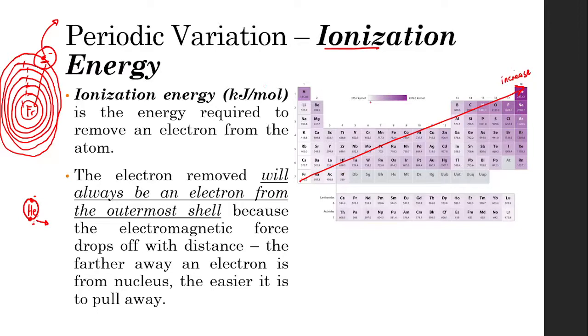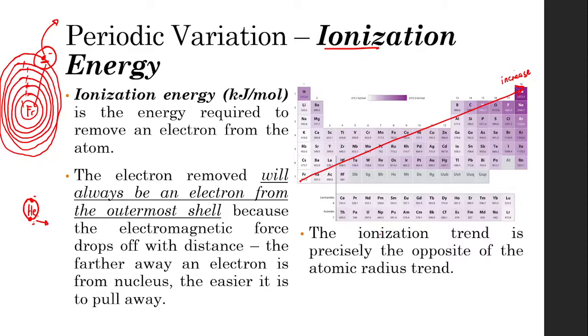So the trend of the ionization energy is going towards this way. And like the one that I've mentioned here, the ionization trend is actually precisely the opposite direction of the atomic radius. If we go down, it increases, and if we go this way, it increases.